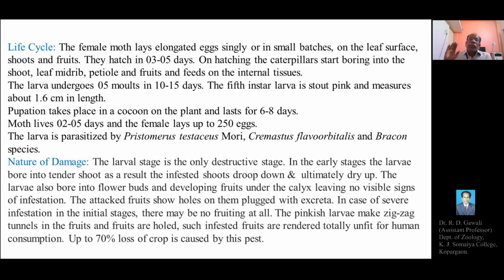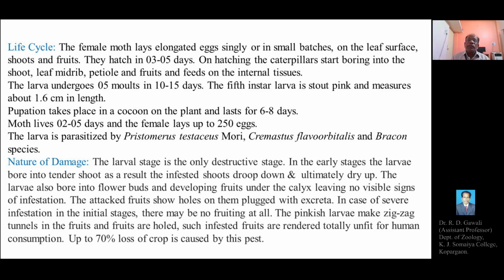So in case of brinjal fruit borer, the caterpillar larva is the only destructive or harmful stage of the life cycle of the moth. In early stages, immediately after hatching, the larvae bore into the tender shoots.